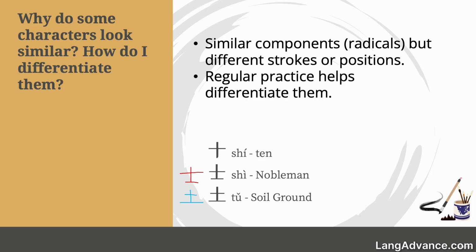Different strokes, different placement, and did you notice? As long as you pay attention to the strokes and their placement and their length, then you will start to notice the difference.